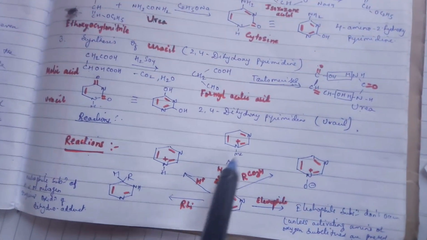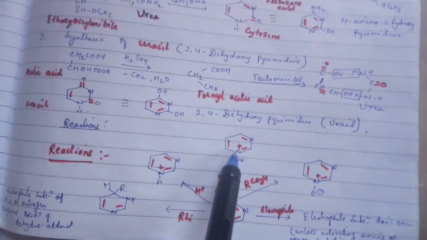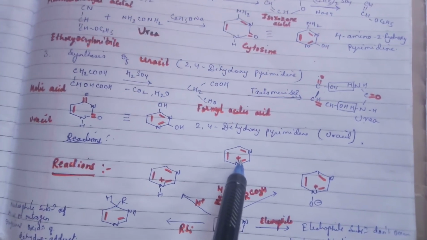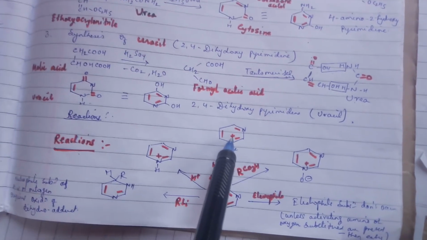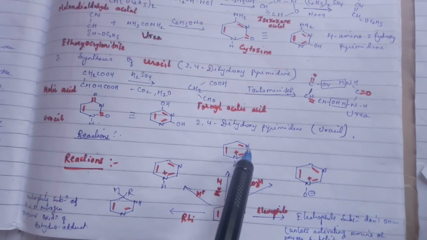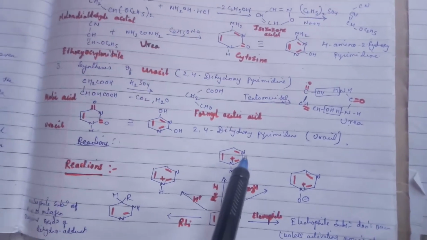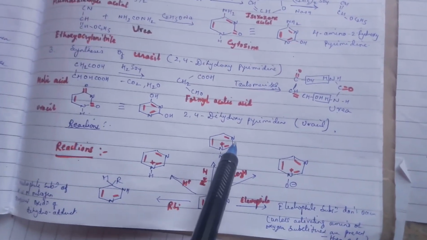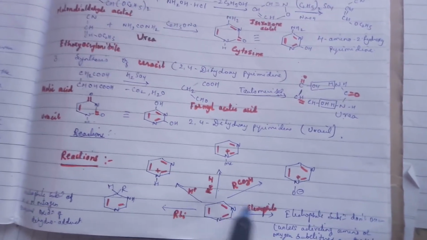This is because of the presence of a positive charge at this nitrogen in the product. The presence of a positive charge at nitrogen in the product renders the second nitrogen extremely unreactive towards electrophilic addition reactions. So only one nitrogen will give the quaternary ammonium salt, not the next one.